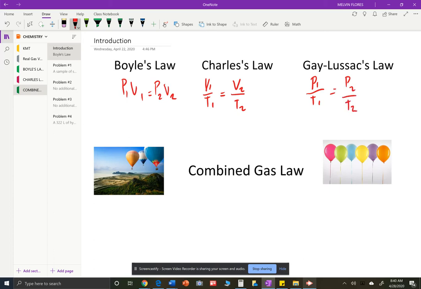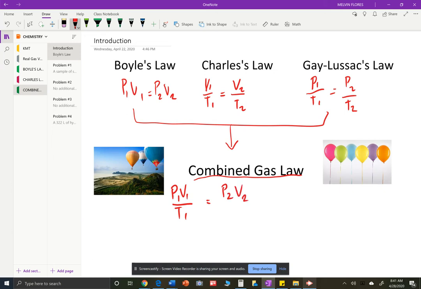So we're going to put all this together into one gas law, which we call the combined gas law, which states the relationship between pressure, volume, and temperature: P1 V1 over T1 equals P2 V2 over T2.